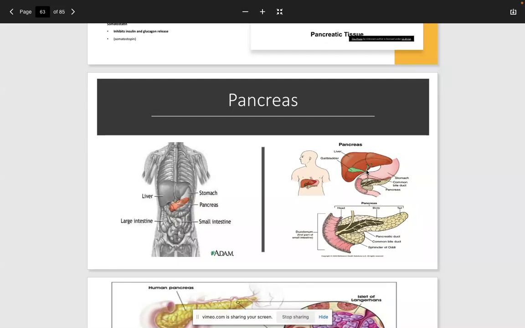Hepatic means liver. I want to repeat this again. The liver has the hepatic duct, and this cystic duct right here forms something called the common bile duct. The cystic duct coming from the gallbladder and the hepatic duct form the common bile duct. This common bile duct is responsible for releasing bile into the second portion of the duodenum. The pancreas also comes into this second portion of the duodenum.